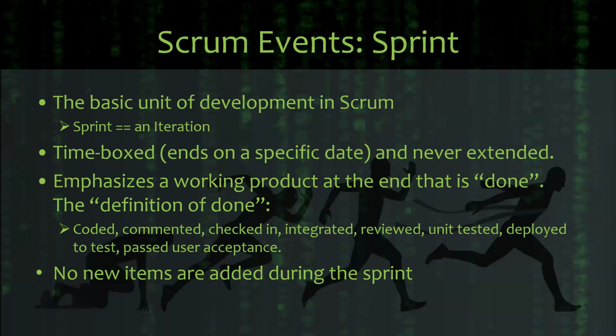So it's a very short iteration, and you will have time boxed events and tasks. You have a time boxed sprint, and then you have time boxed tasks within that as well, to ensure that for everything there's a deadline. You can miss deadlines, definitely, but if you are constantly missing deadlines, it's a problem, so you need to address it.